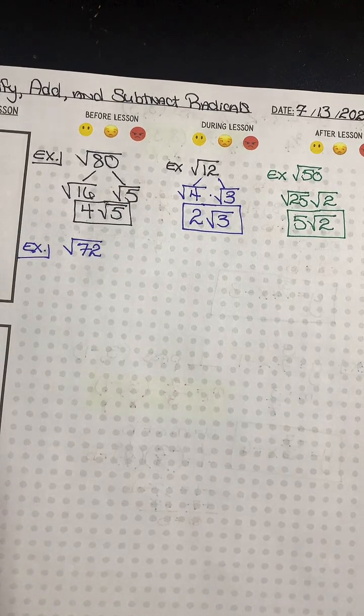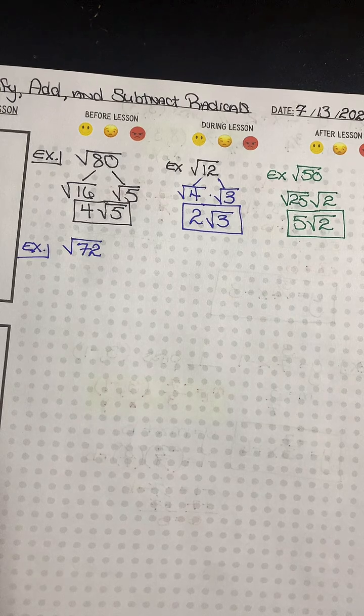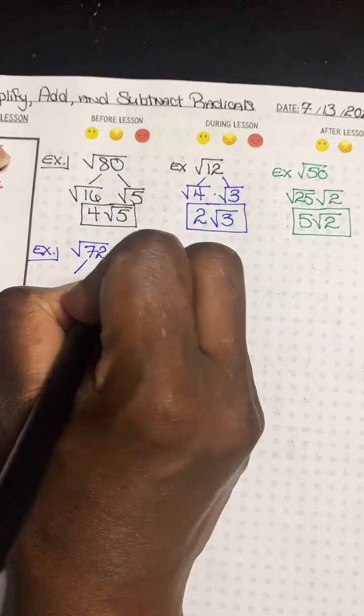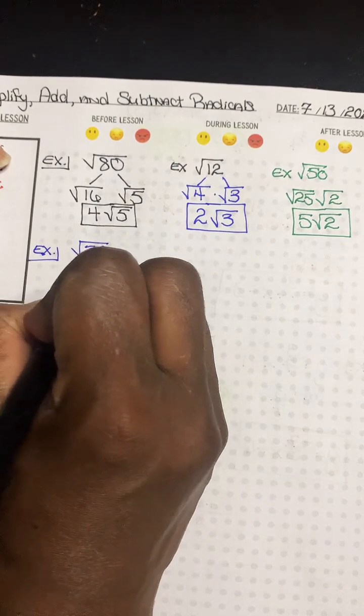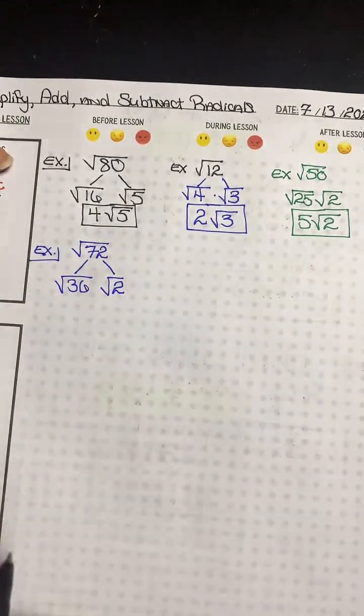Okay, Marina, 9 and 8 will work, but there's something that will work so much better because I can still break down that 8. Okay, 12 and 6, true, but I can't get a perfect out of that. I need a perfect. So, best case scenario, you can do the square root of 36, and then you have your square root of 2.